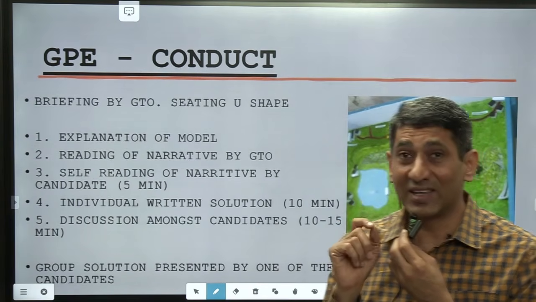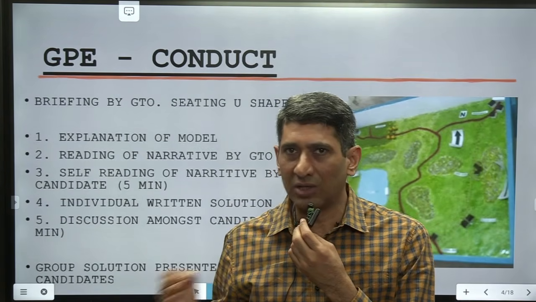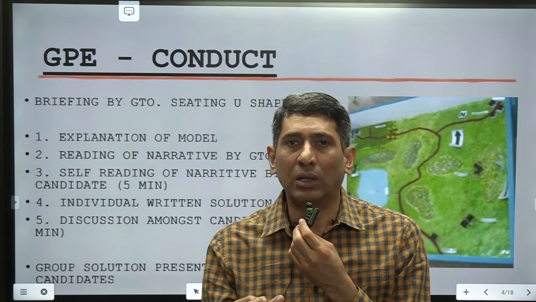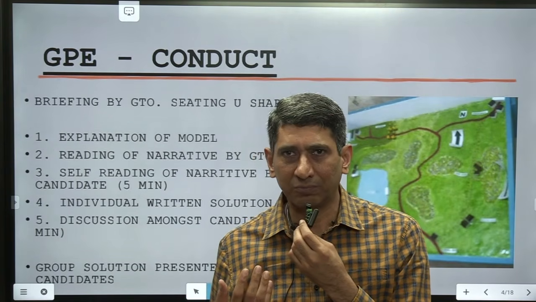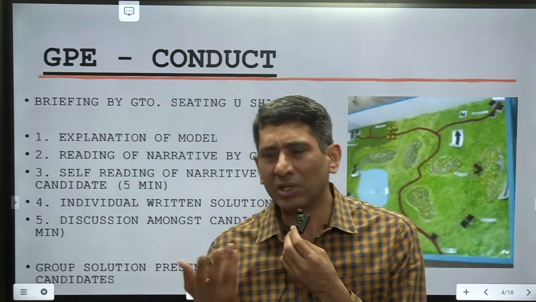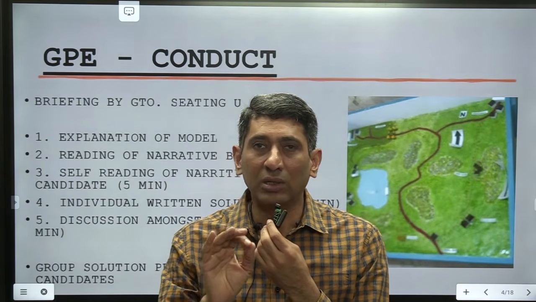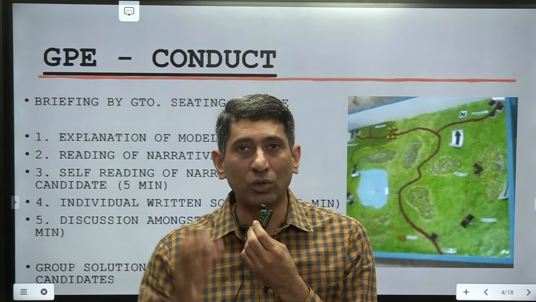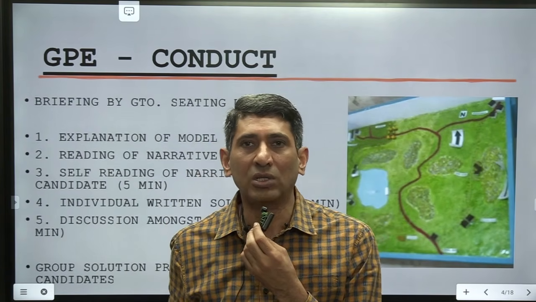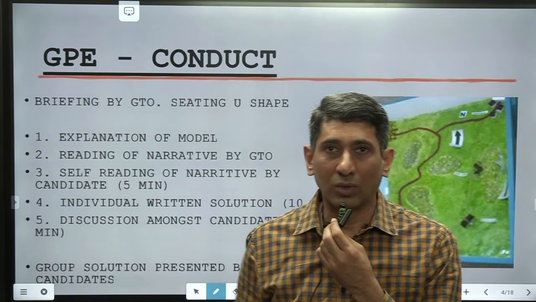Okay. Now, once he explains the model, there is a particular procedure which I will tell you. After he explains the model, then he will read a story from a sheet of paper, which you can call the narrative or story sheet, whatever it is. This reading will not be adequate for you to grasp all the features of the problem.